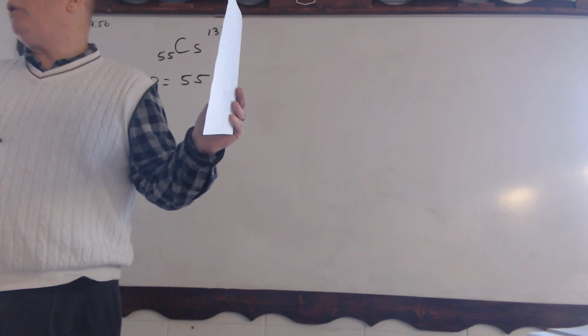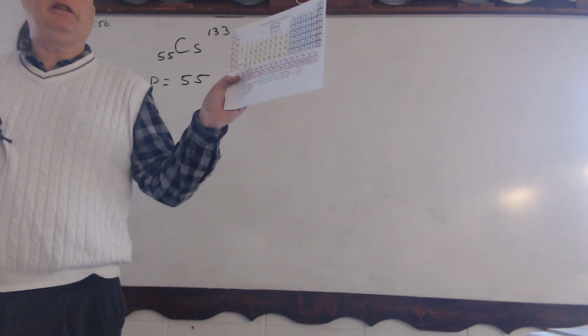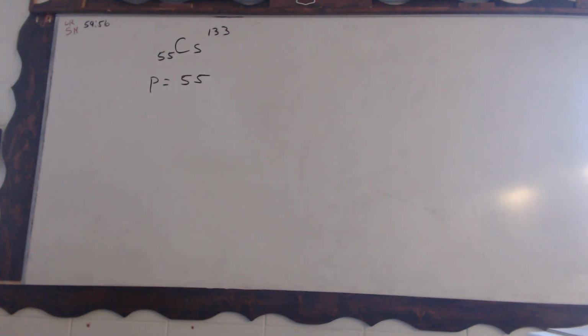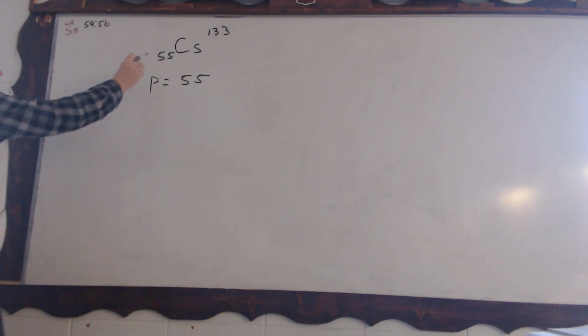Not 50 point something, because the atomic numbers are whole numbers. In other words, they go 55, 56, not 56.3, not 57.1. Atomic masses do that, but the atomic numbers are on whole number increments.